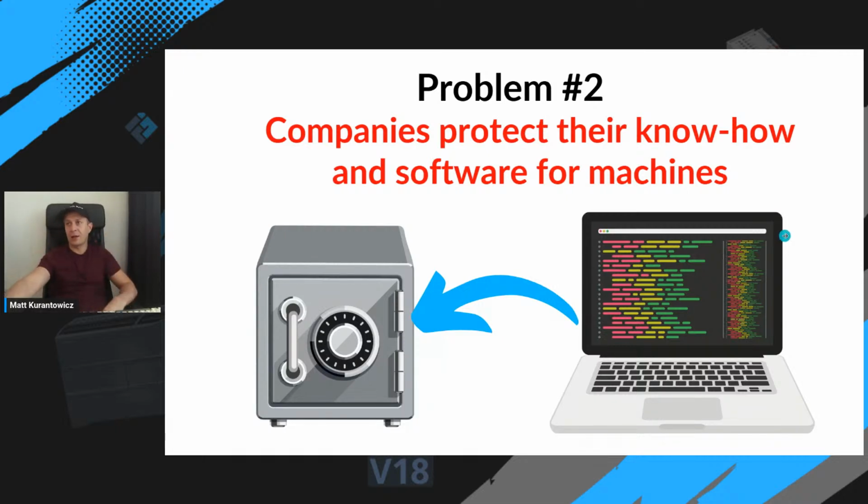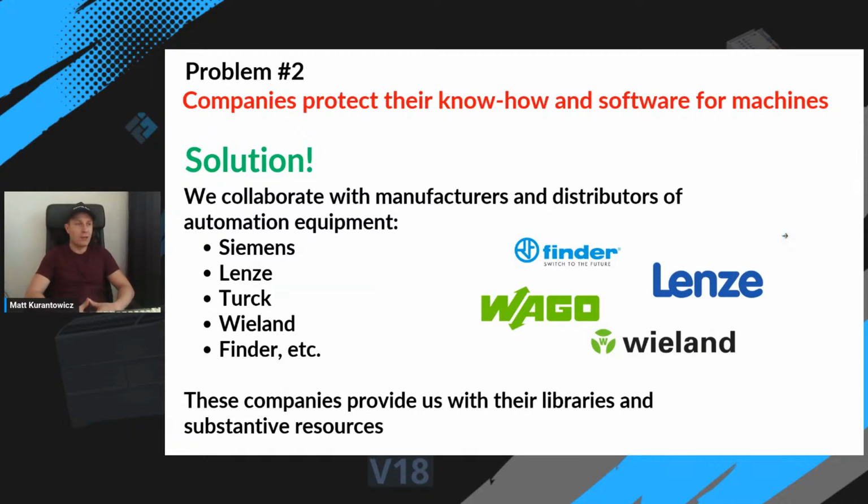You don't find that on the internet. We have a solution for you because we collaborate with manufacturers and distributors of automation equipment. The biggest players like Finder, Wago, Lenze, Wieland, we collaborate with them, and they provide us libraries and knowledge about programming.